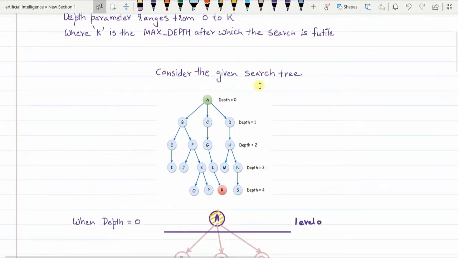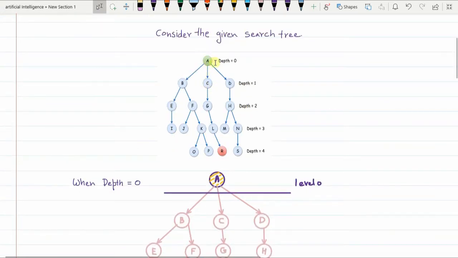Now we will consider this particular tree, this state space, to solve. In this tree, R happens to be the goal node, and R occurs at depth level 4.